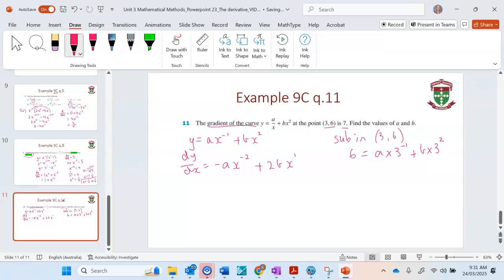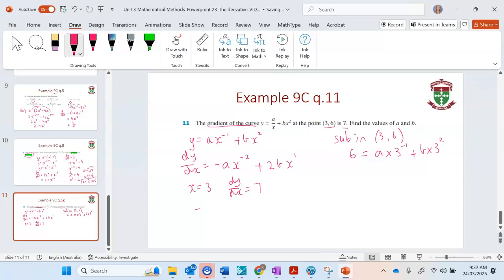All right, the point 3, 6 is on this graph, and the gradient at this point is 7. So when x equals 3, dy dx is equal to 7. So we can use this information to get a second equation.